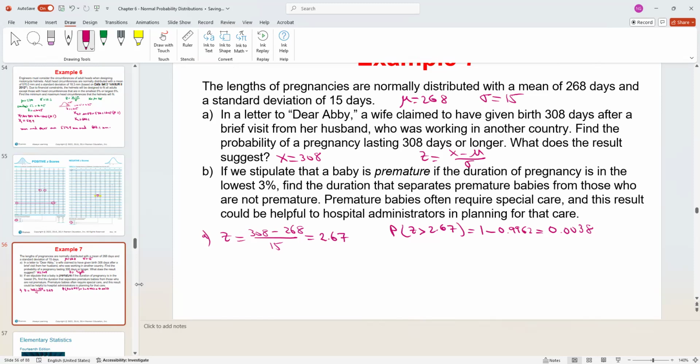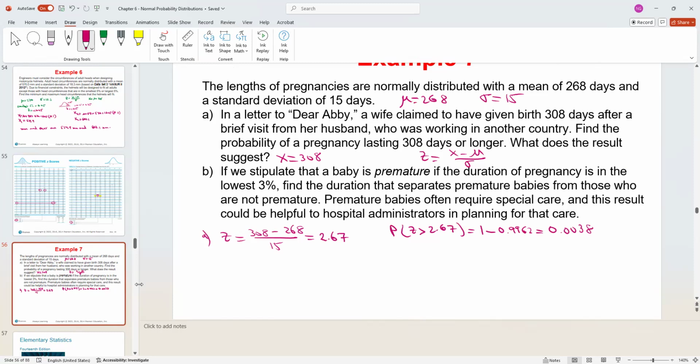Is that correct? Like we said, the probability of a pregnancy lasting 308 days or longer is 0.38%.